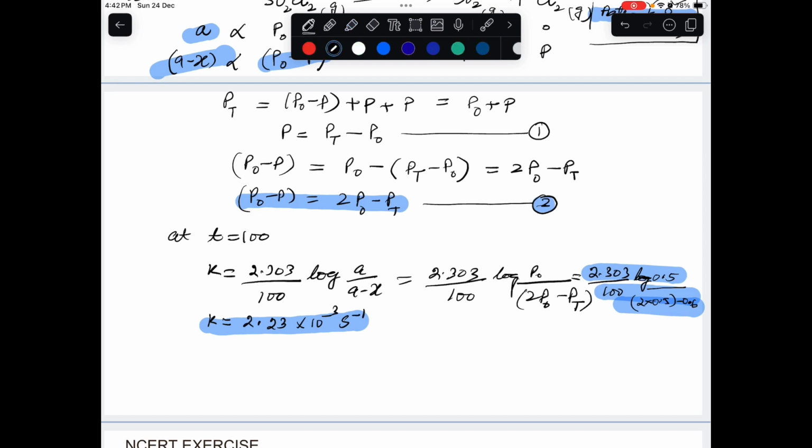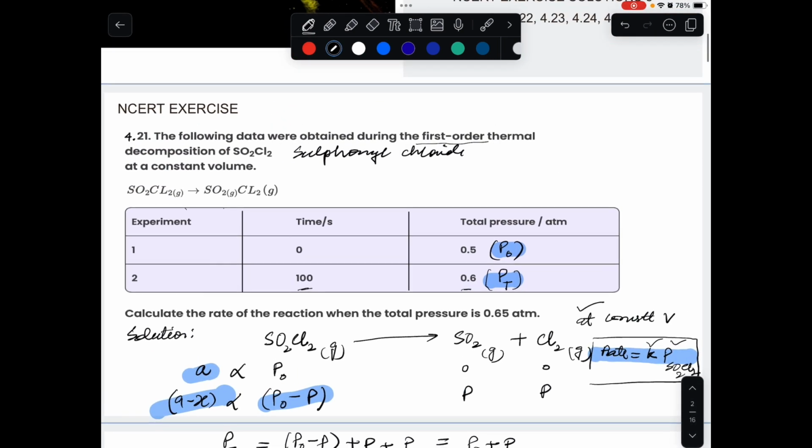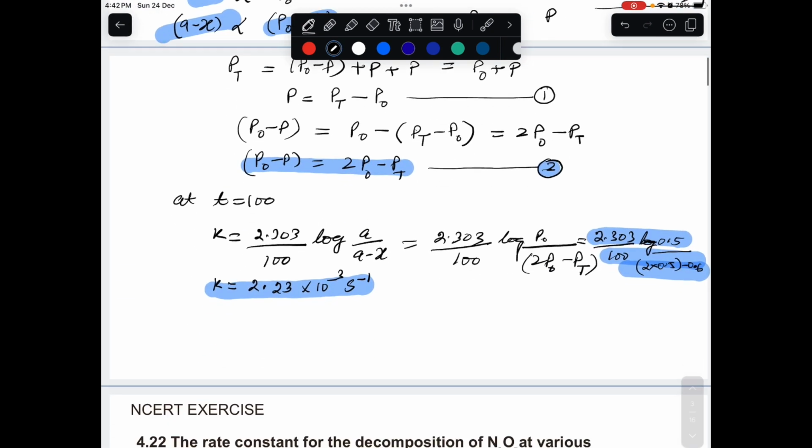Okay, now we know the value of K. The second part of the question says, calculate the rate of the reaction when the total pressure is 0.65 atmosphere. So we note the rate expression.